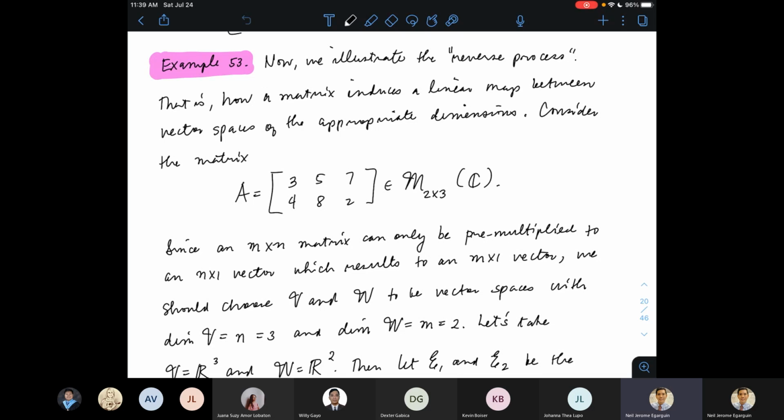So kaya kung meron kang linear transformation and the ordered basis for both the domain and the codomain, then you're guaranteed to find one and only one matrix representation for that linear transformation, right? And that is due to the fact that the mapping that we have established between hom of VW and m sub m by n of f is monic and epic, right?